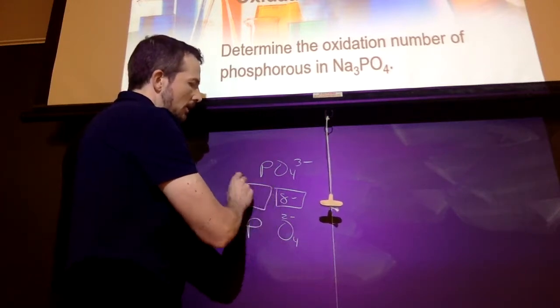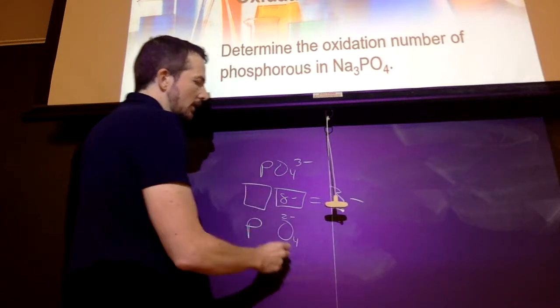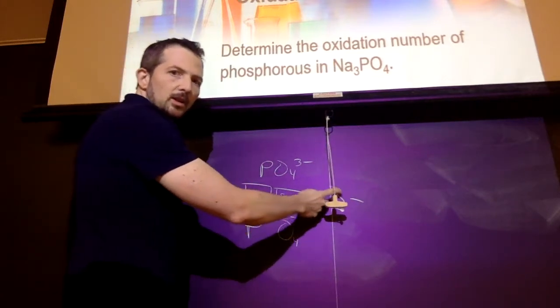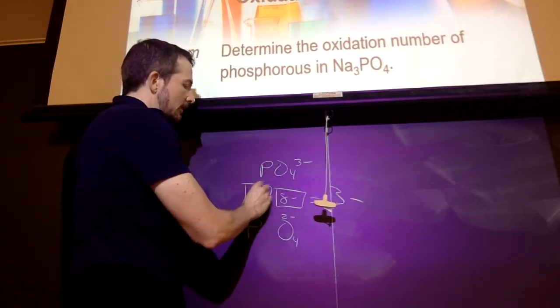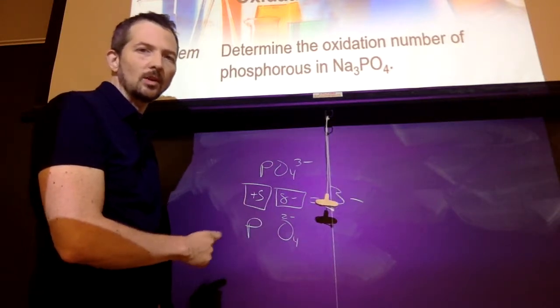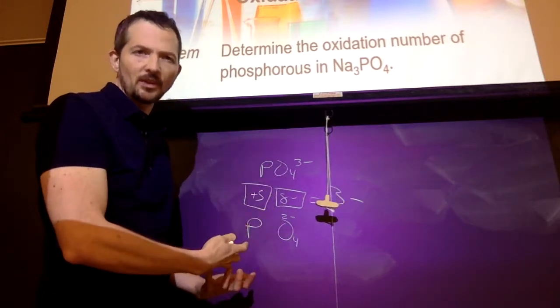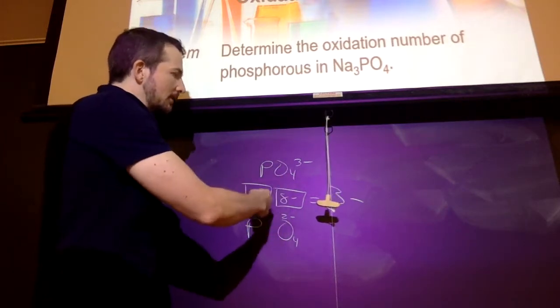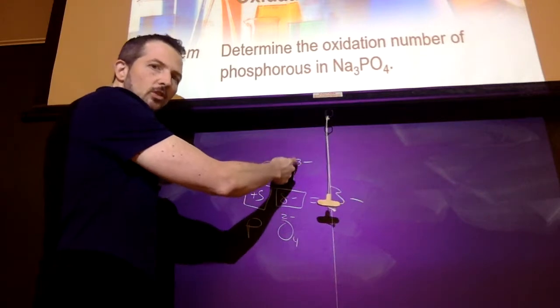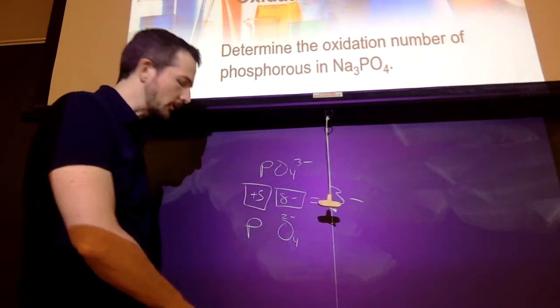Here though, my charge is 3-, so what plus 8- would give me 3-? So +5. You get the same answer because the oxidation number stays the same, but this is what it means: if you have just a charge there, you set the sum equal to that charge. If it's neutral, no charge, you set it equal to 0.